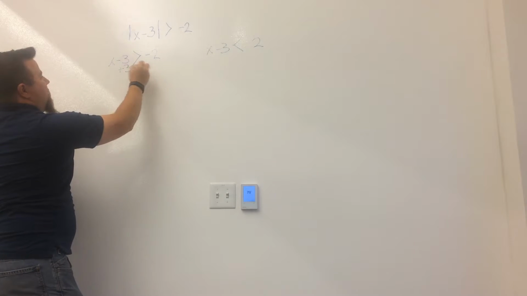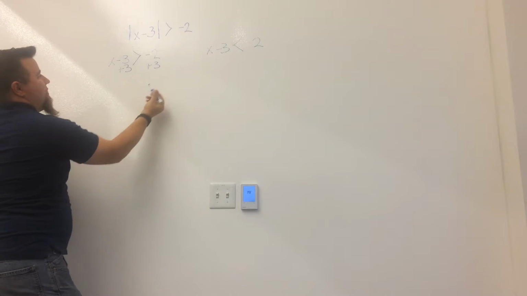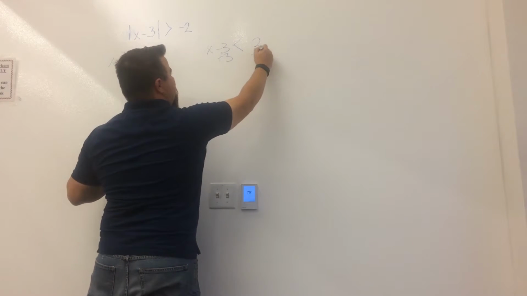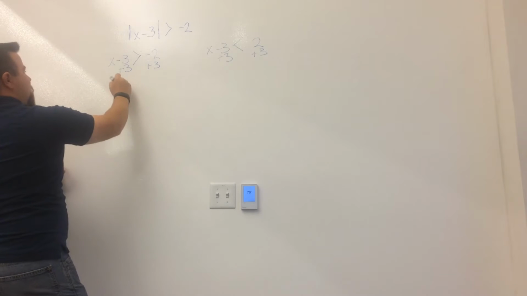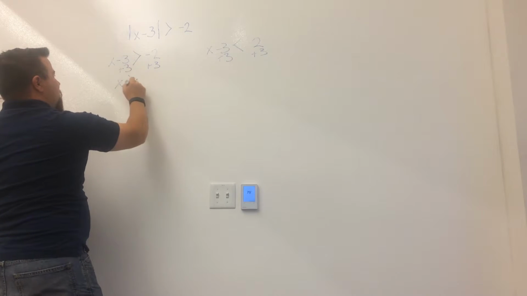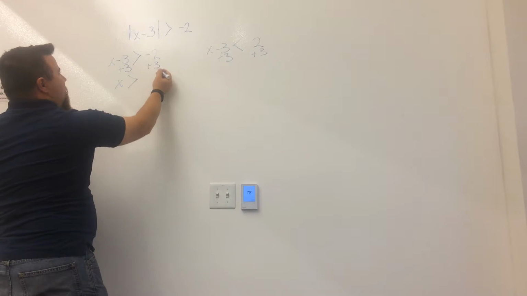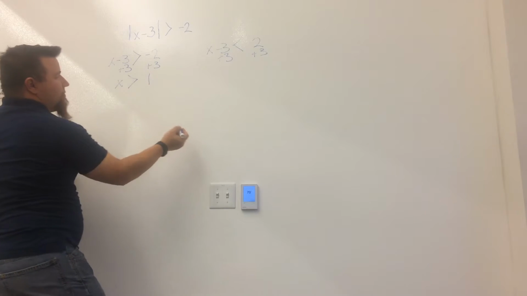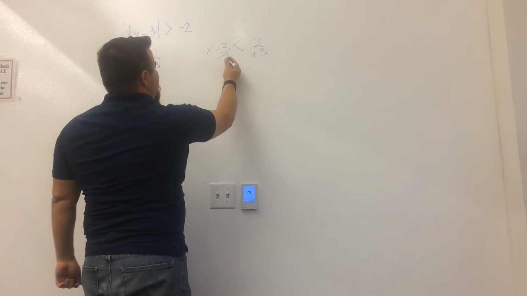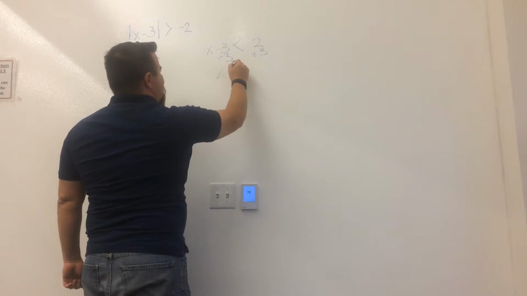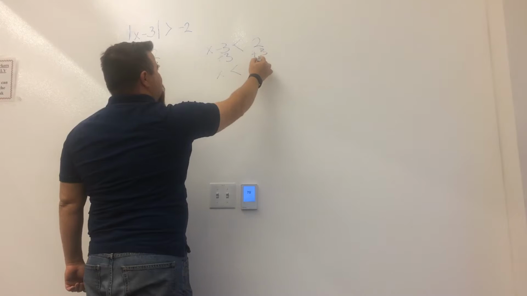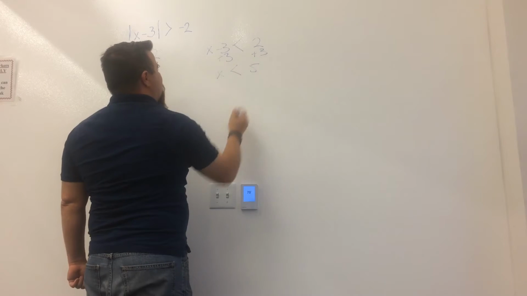We add 3 here, plus 3 there, on both sides, so we can get the x by itself. X is greater than negative 2 plus 3, which is positive 1, and x is less than positive 2 plus 3, which is 5.